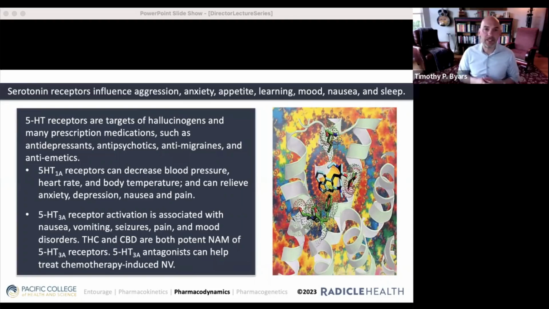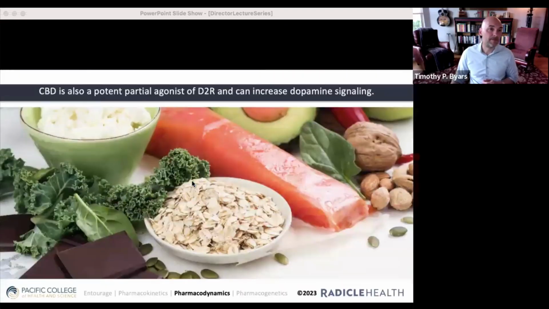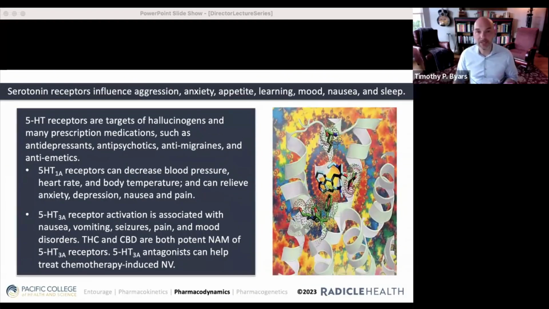And I think I mentioned earlier, THC and CBD are both potent negative allosteric modulators of 5-HT3A. So 5-HT3A receptors, these are receptors that are actually associated with nausea and vomiting and seizures and pain.